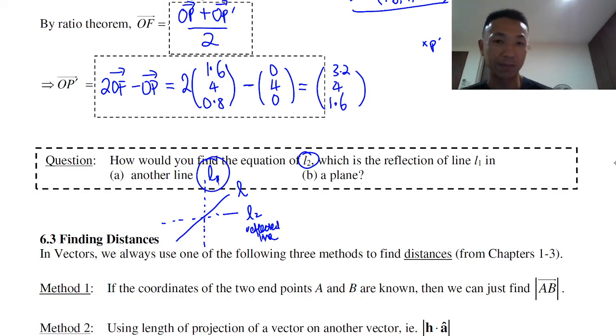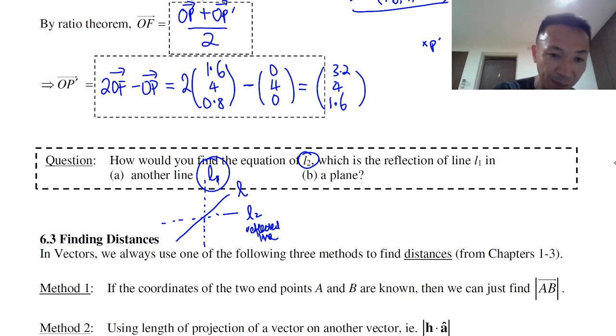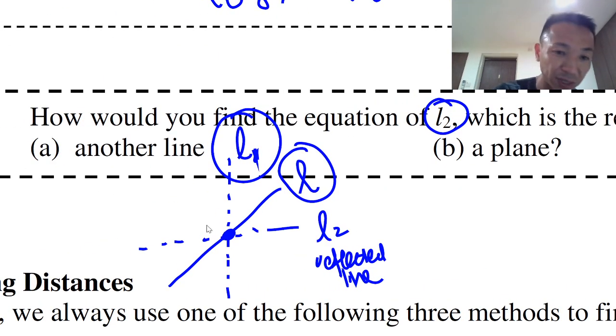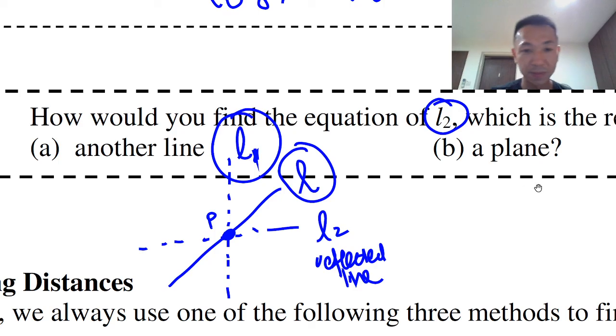I tell you the concept. Okay, I'm not going to show an example. The idea is this, very simple. First, I find the point of intersection between L and L1. I call this point of intersection P. Now, P obviously must also lie on L2, which is the reflected line.